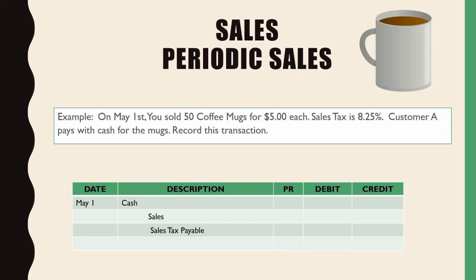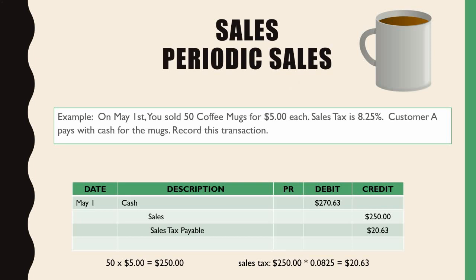So again, if you sold 50 coffee mugs for $5 each, how much is that in total sales? Okay, it's $250 for the sale, just the sale. And then on top of that, you need to calculate how much tax you collected.